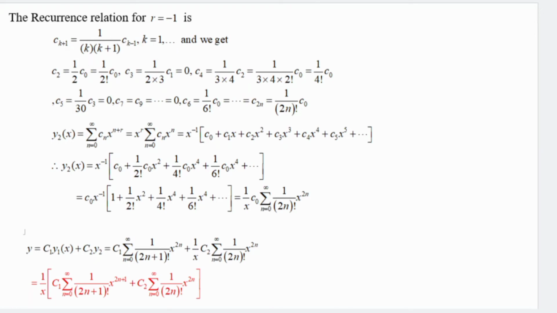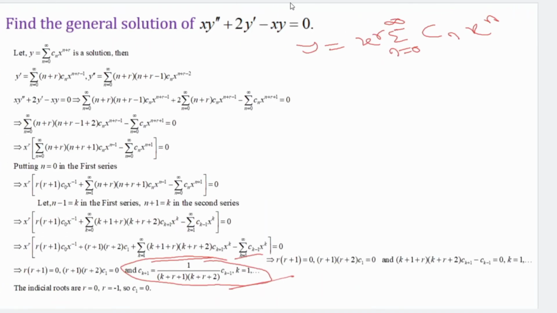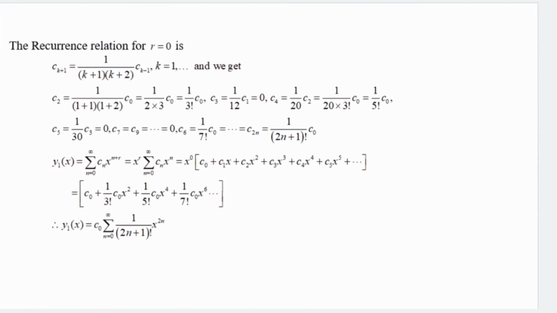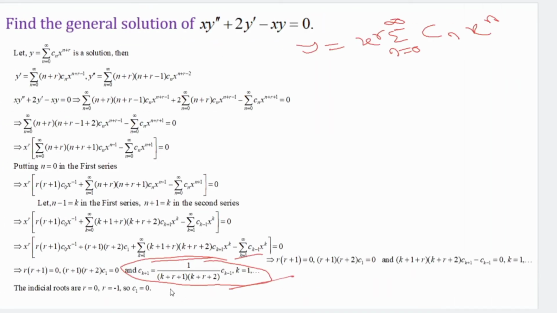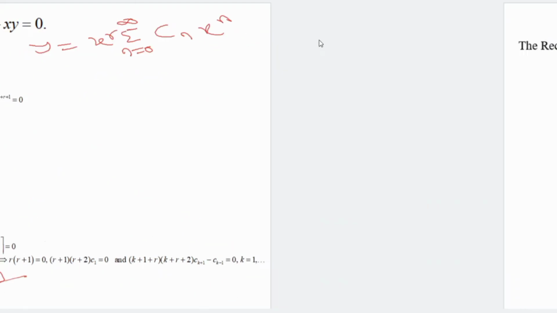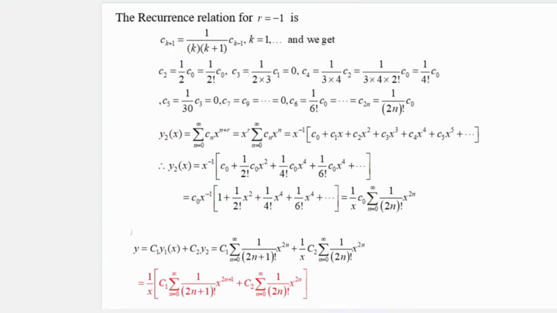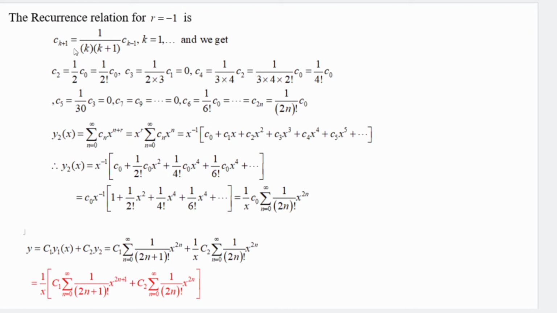So in the recurrence relation, here we put r equals to minus 1, then we get c_{k+1} equals 1 by (k+1) c_{k-1}, where k starts from 1, 2, 3, up to infinity.